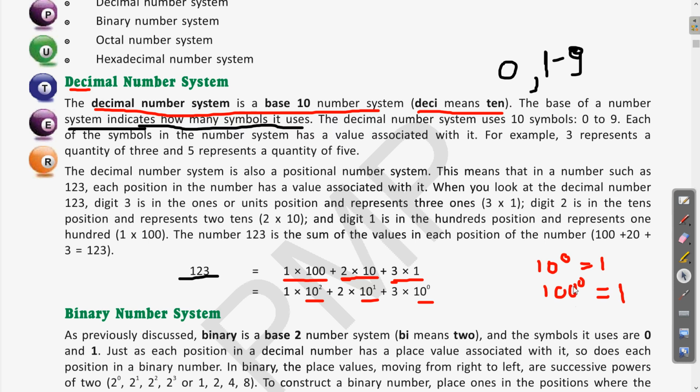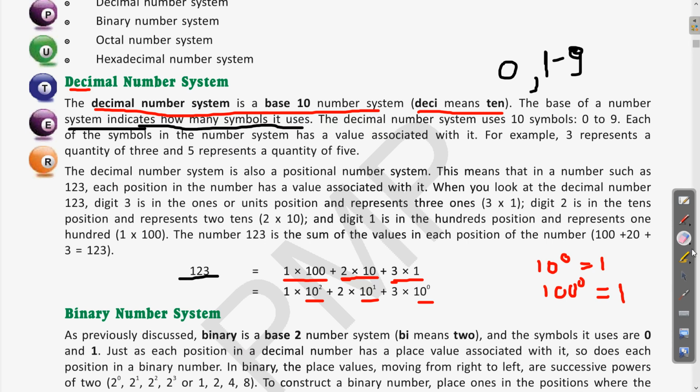Clear? This is going to help in any of the next number systems. As we are already familiar with the decimal, that is why we are relating to how we will represent the positional number system according to their places and according to their base with the raised power.